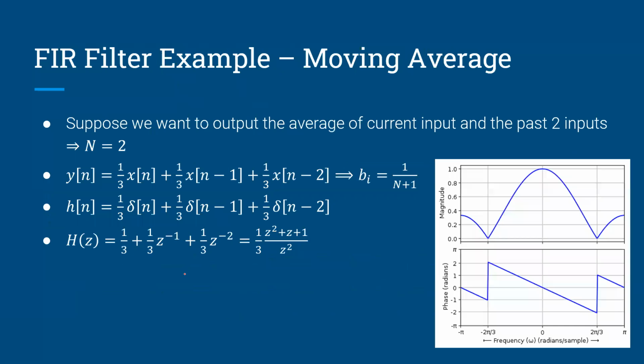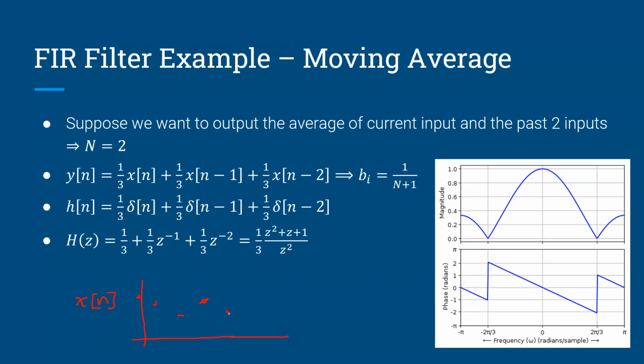Okay, so an example of an FIR filter is just the simple moving average. So what we're doing is, say we have an input stream of x[n], that might look like a point here, point here, point here, point there, and so on.